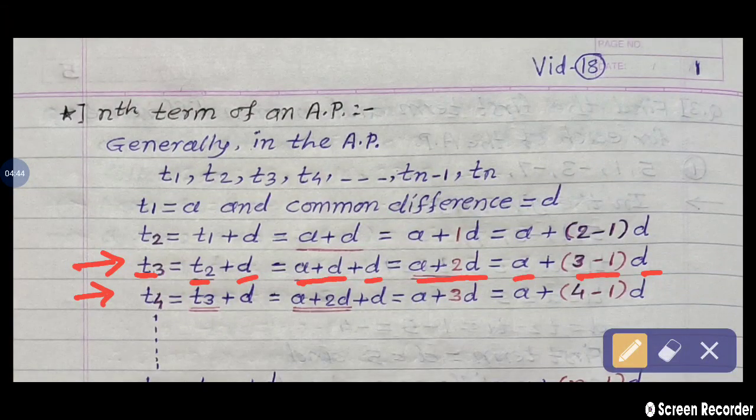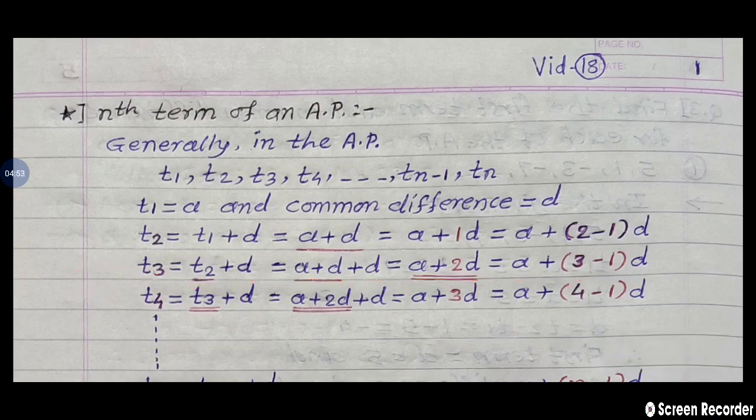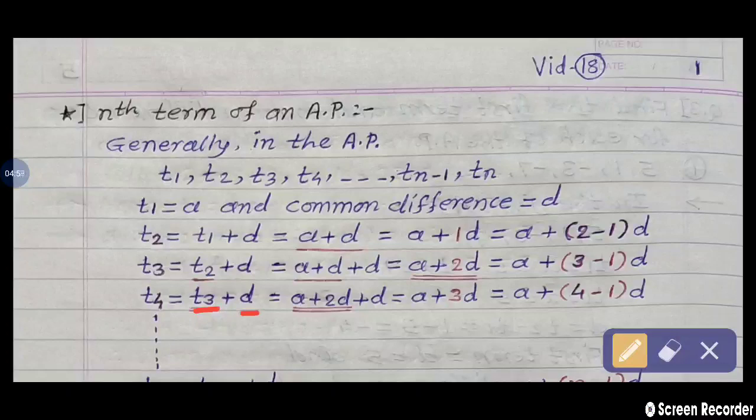Fourth term, how to find the fourth term? Check again. T4 means the fourth term, and the previous term is T3. So T3 plus difference. What is the value of T3? Check the previous step, that is A plus 2 times difference. That value we are substituting here, A plus 2D, and this D remains as it is.